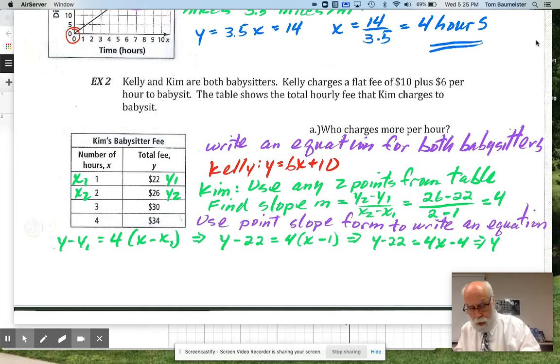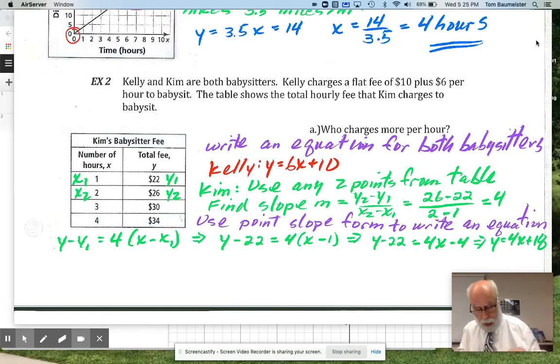So I'll end up with y is equal to 4x. Negative 4 plus 22 is a positive 18. All right, so now I have an equation for both babysitters.